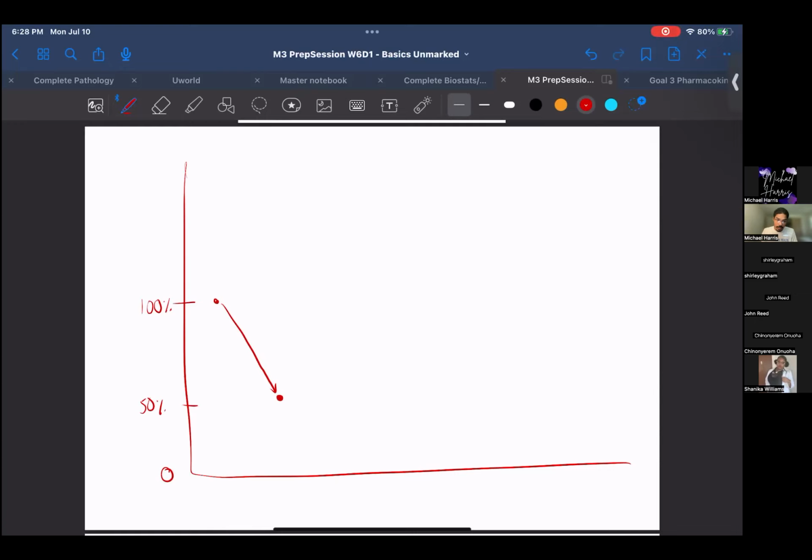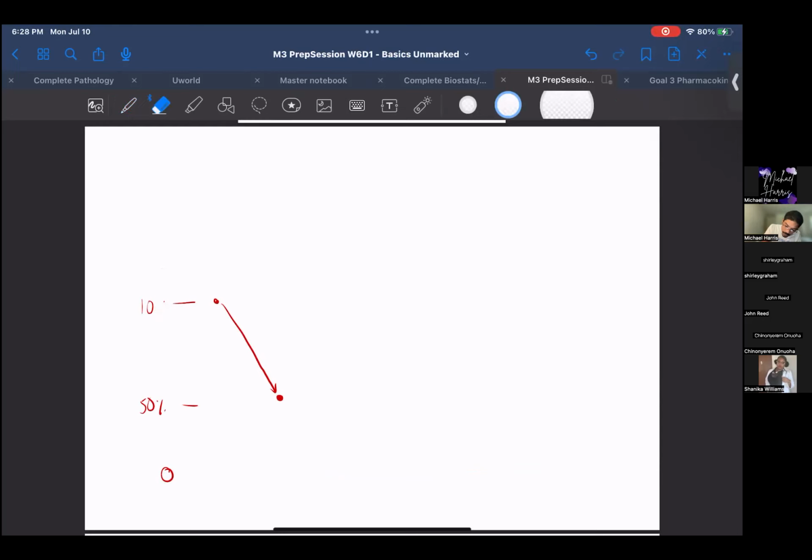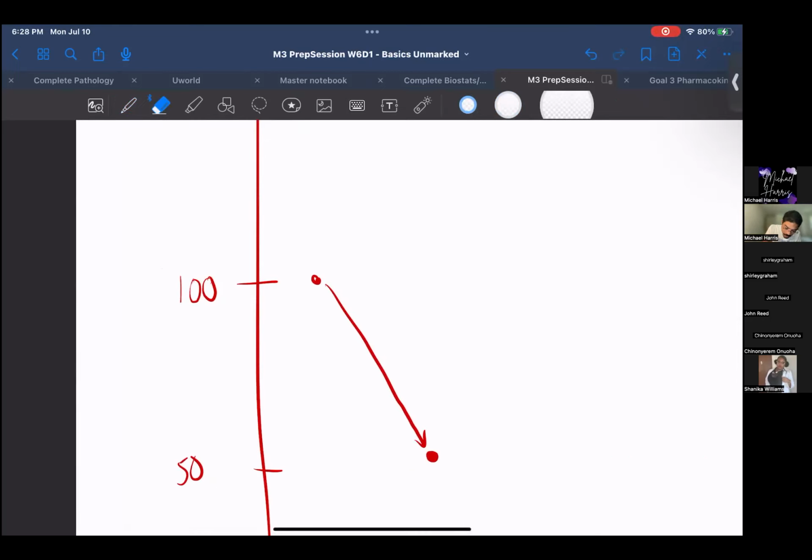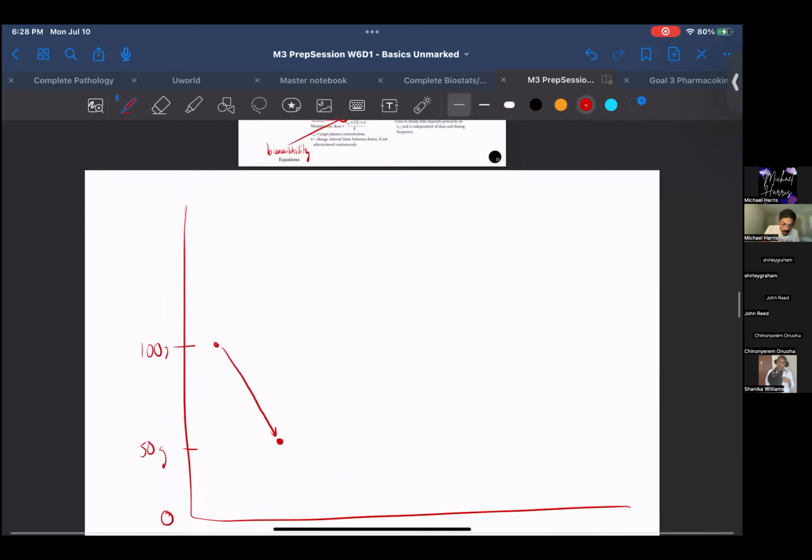Okay, great. Now, let's do grams. Because I think if I do 100%, you guys are going to get confused by how is it higher than 100%? Let's just do 100 grams. Now, you take the dose again. So 100 grams plus 50 grams means you're now at 150 grams.